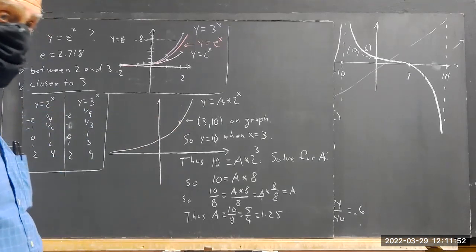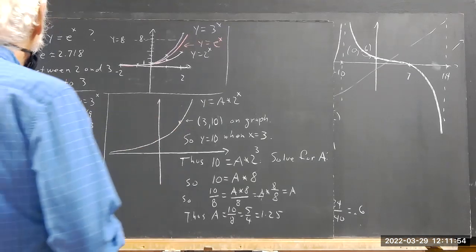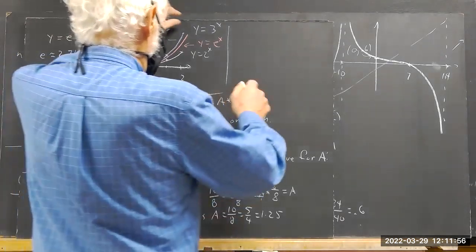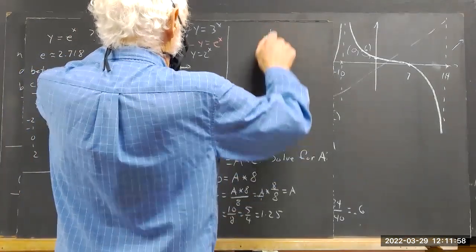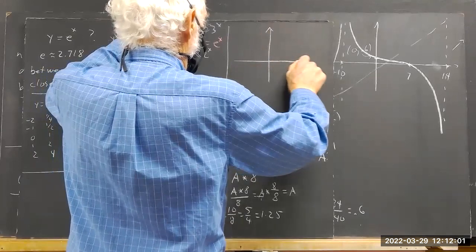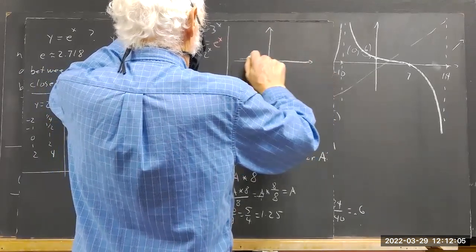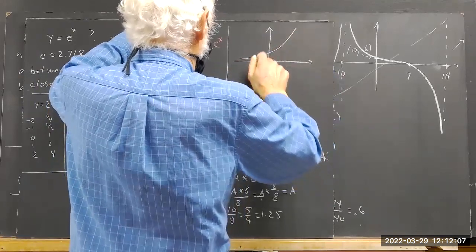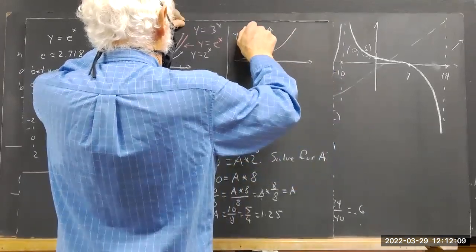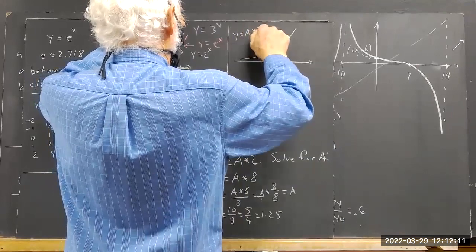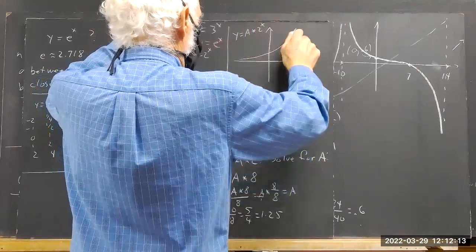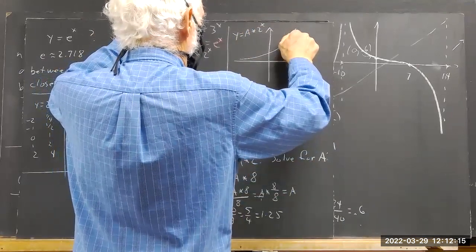Okay, well, let me just ask you to do a quick exercise. y equals a times 2 to the x.